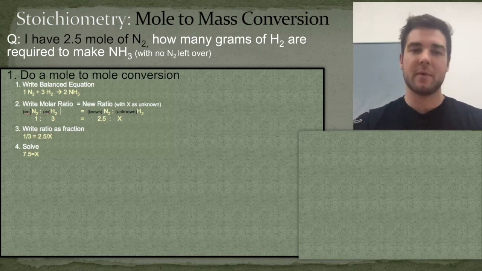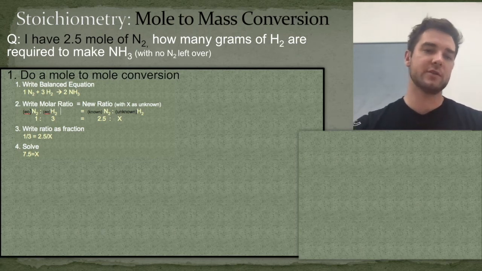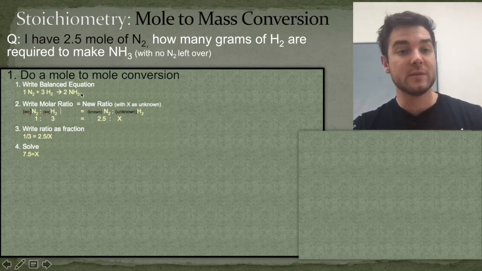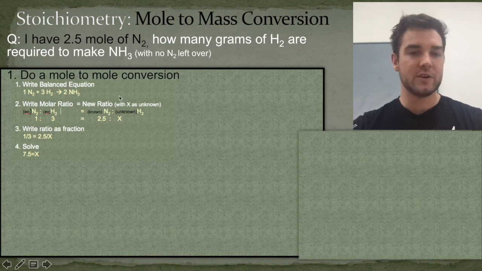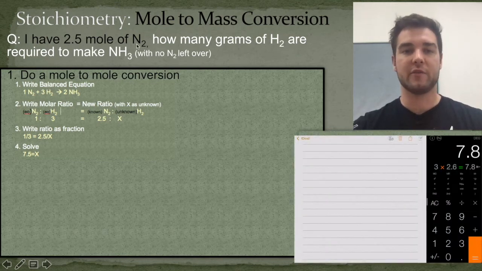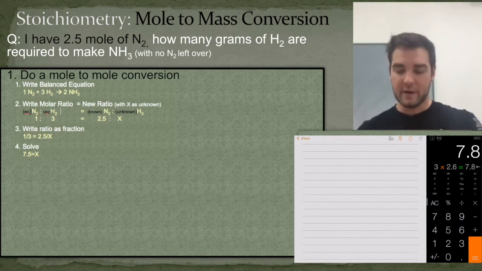So we start the same way we did before. We do a mole to mole conversion. So we write down the balanced equation, we write down the molar ratio, and we work out that 2.5 moles of nitrogen gas need 7.5 moles of hydrogen gas to completely react. And so let me write that down.